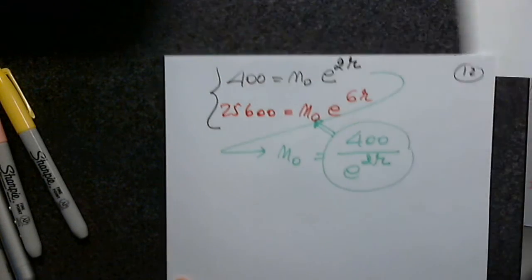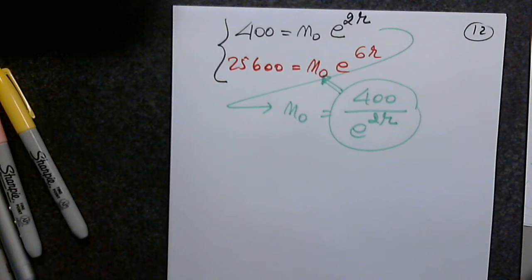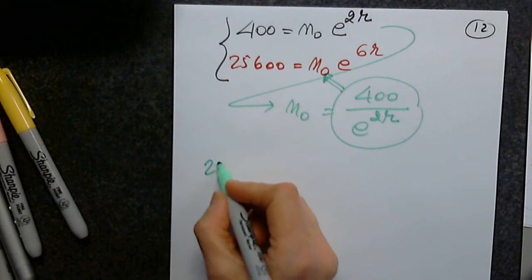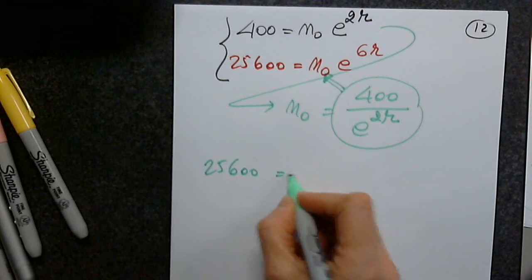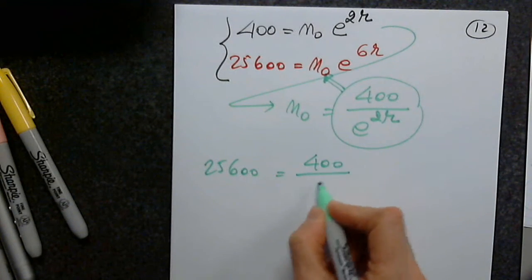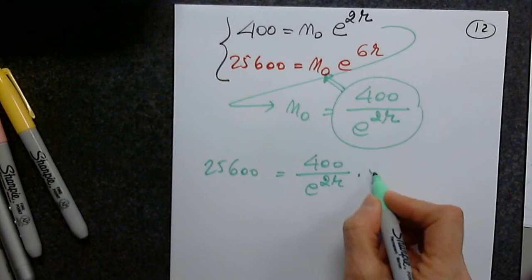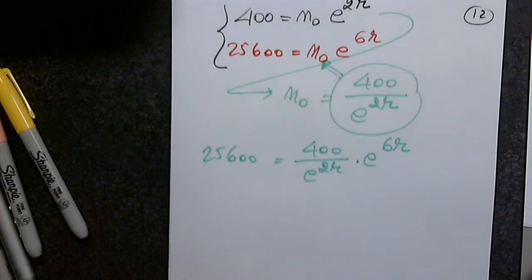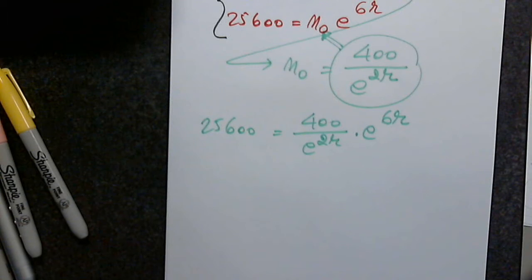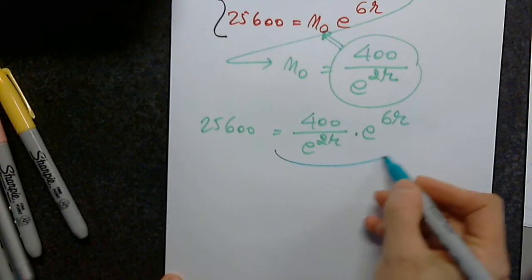So the second equation becomes 25,600 equals 400 over e to 2r times e to 6r. Is this clear so far? What do I do with these?